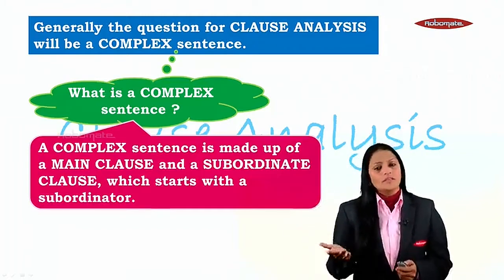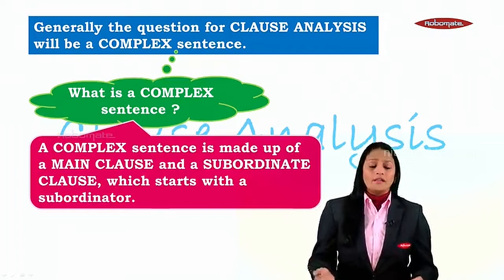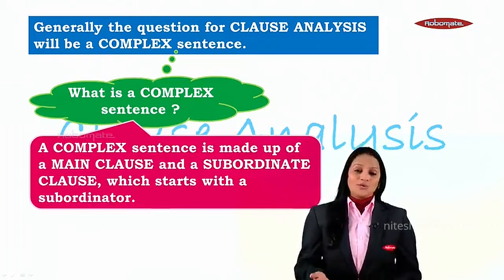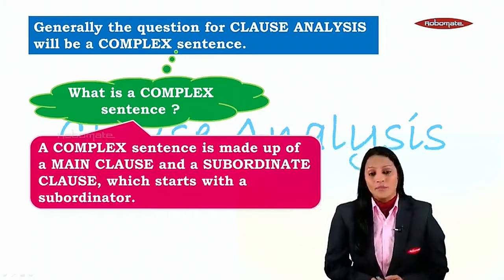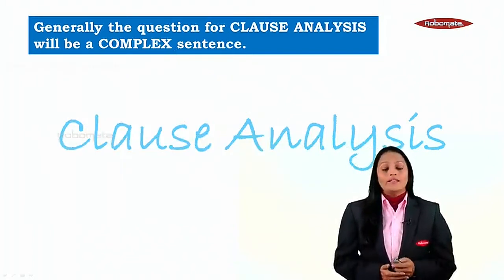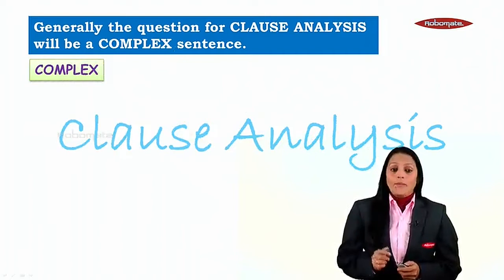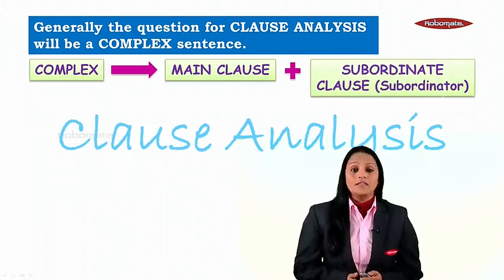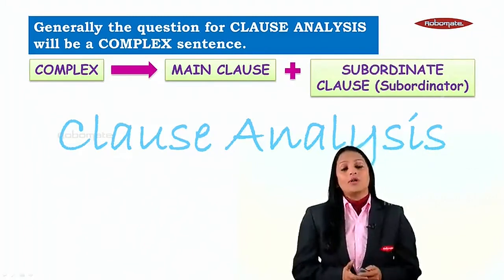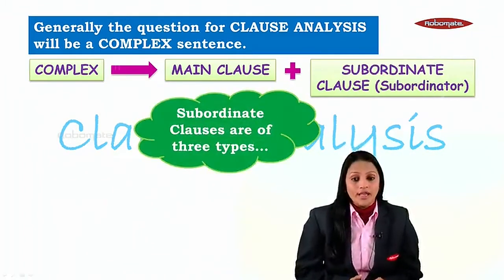Main clause, subordinate clause, subordinator. What is all this? Don't worry. You're going to deal with all of it in the coming modules. Okay? Now, let's again take a look. A complex sentence, as I said, is made up of a main clause and a subordinate clause. And the subordinate clause starts with the subordinator.